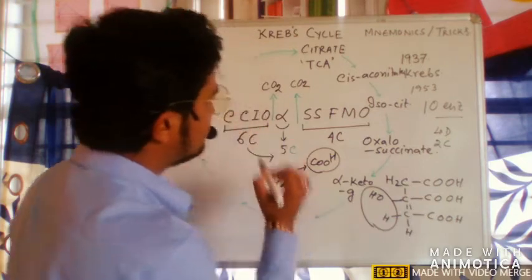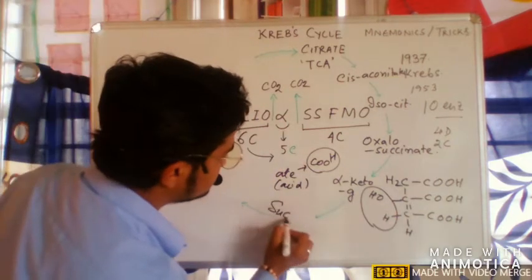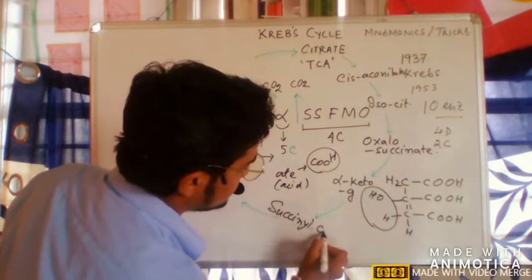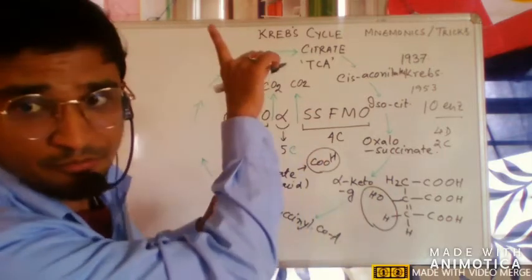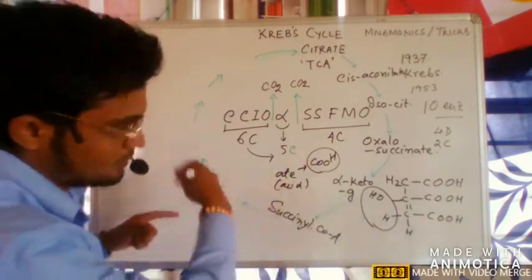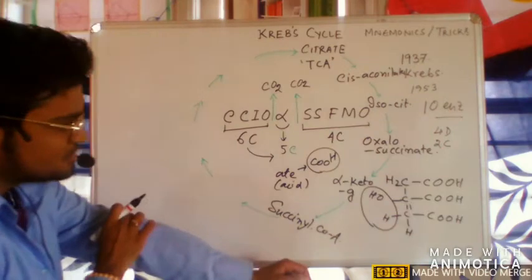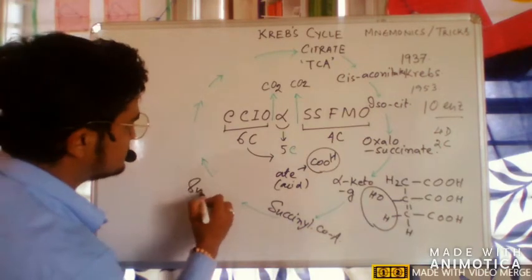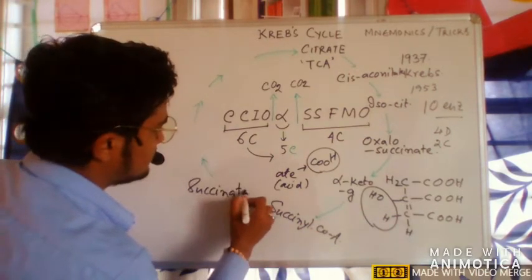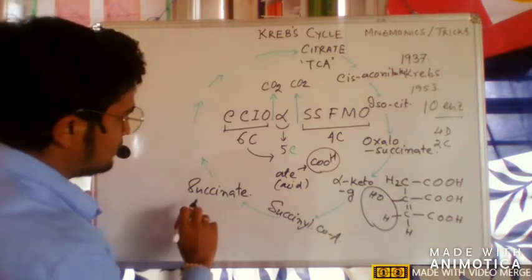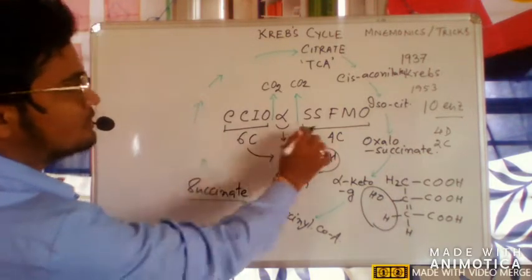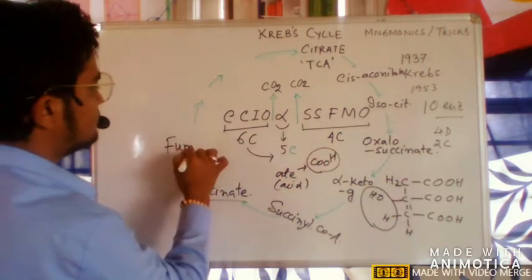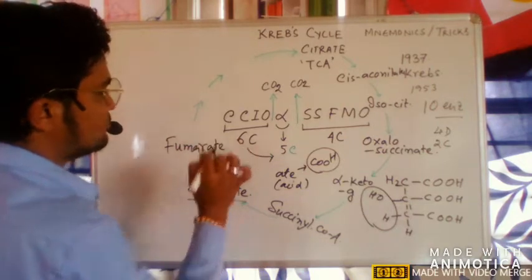So alpha-ketoglutarate, then succinyl-CoA. I came from pyruvate to acetyl-CoA; that is, I am following the reverse technique. Now succinyl-CoA, then succinate. I will share the structure with you in another PPT. Then fumarate, or you can say fumaric acid.